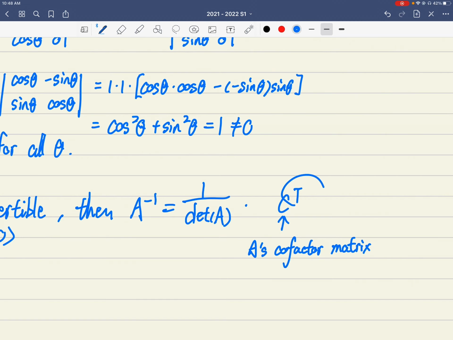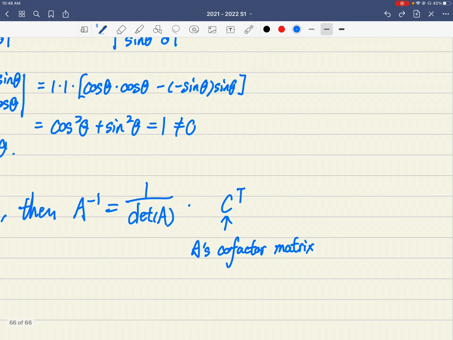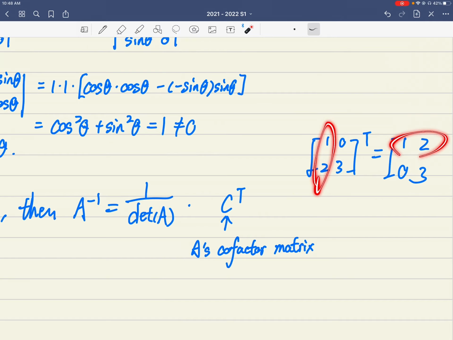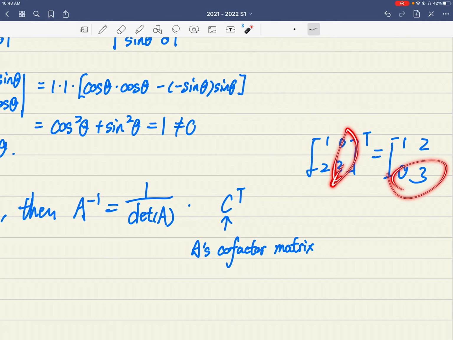What is transpose? Transpose, remember, it's row becomes column, column becomes row. For example, if it's 1, 0, 2, 3, then the transpose is row becomes columns, so it's 1, 0, and the column becomes rows. So that's the transpose.